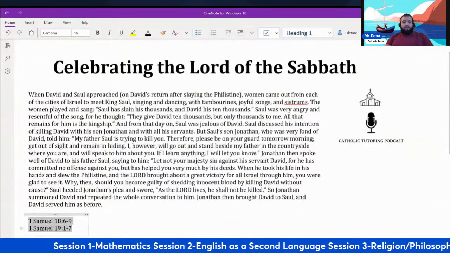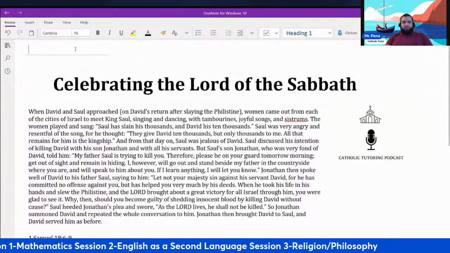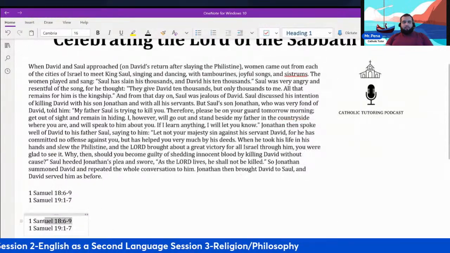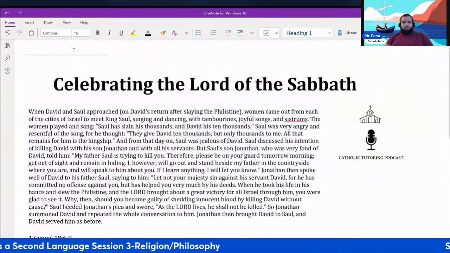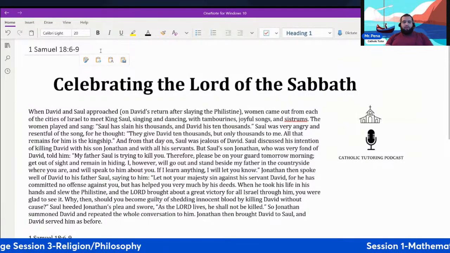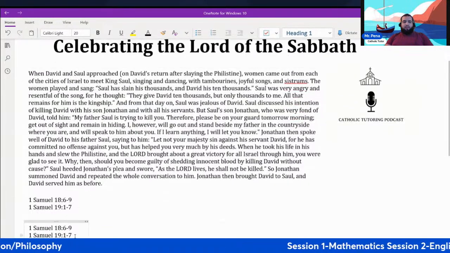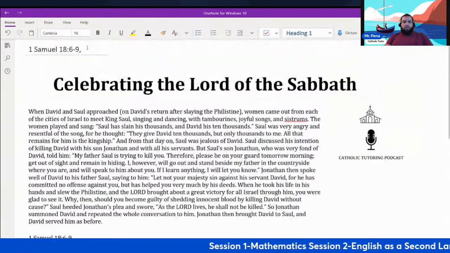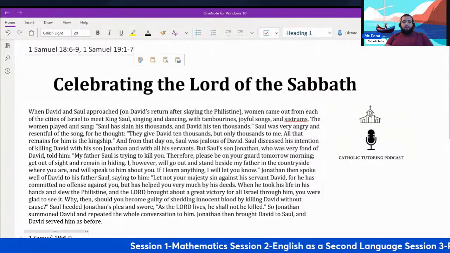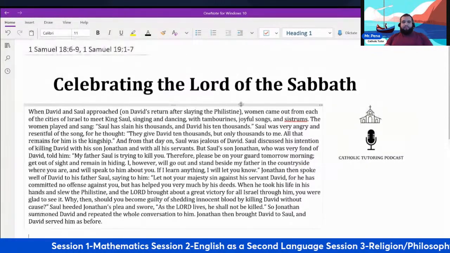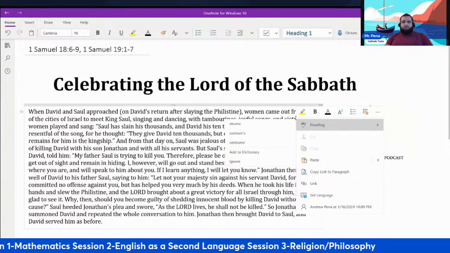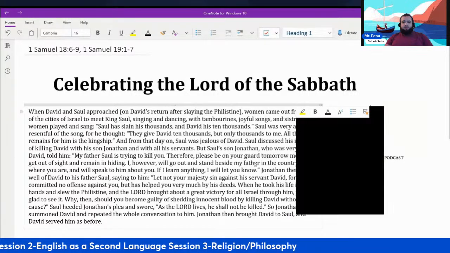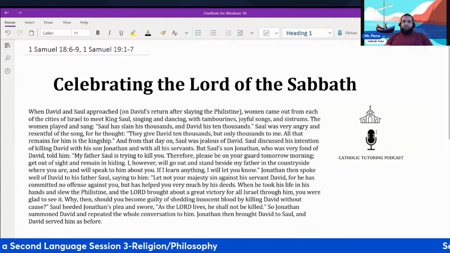The homily is basically a little Catholic sermon. First Samuel 18:6 through 9, 1 Samuel 19, 1 through 7.